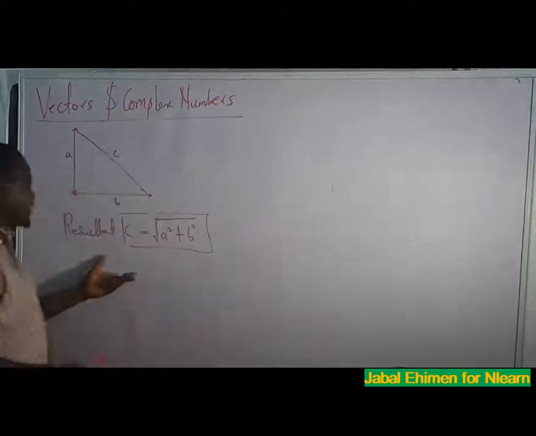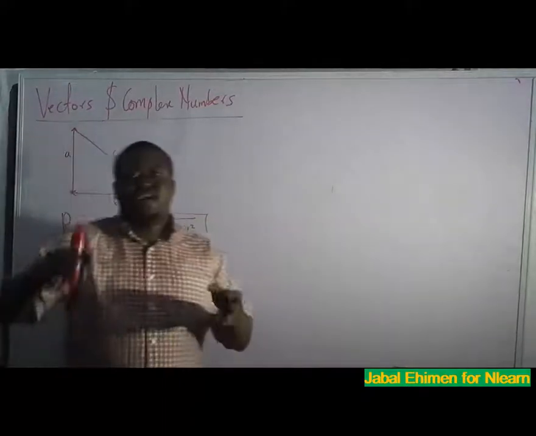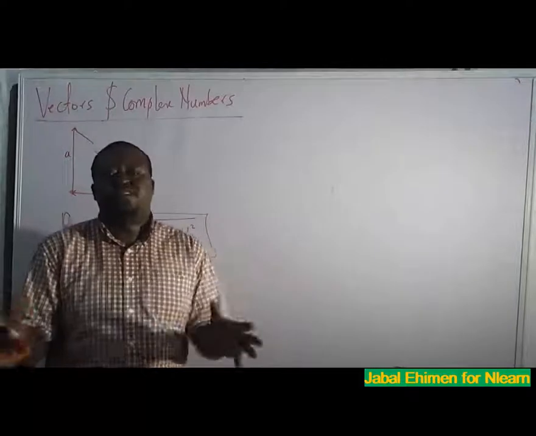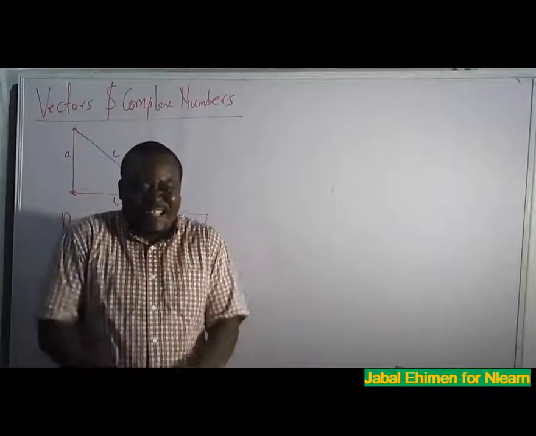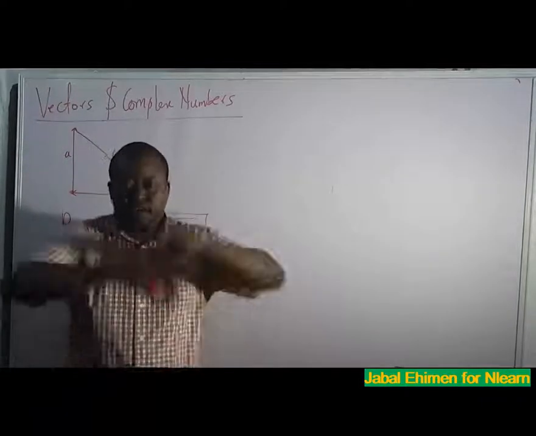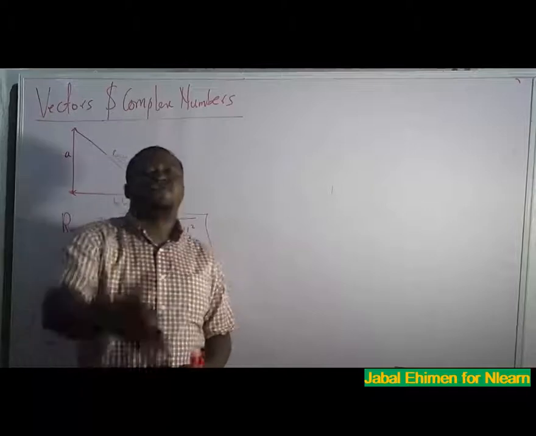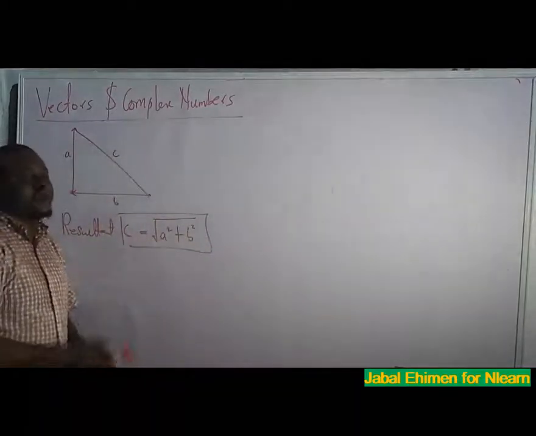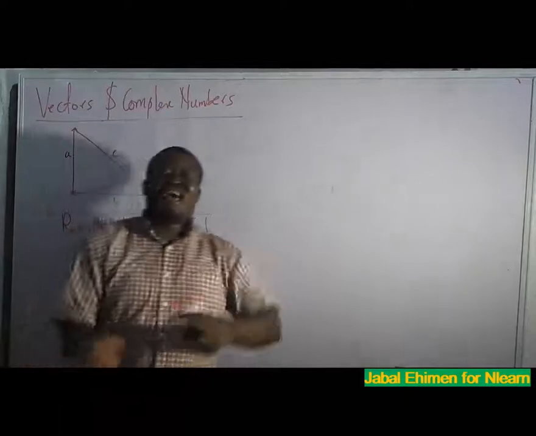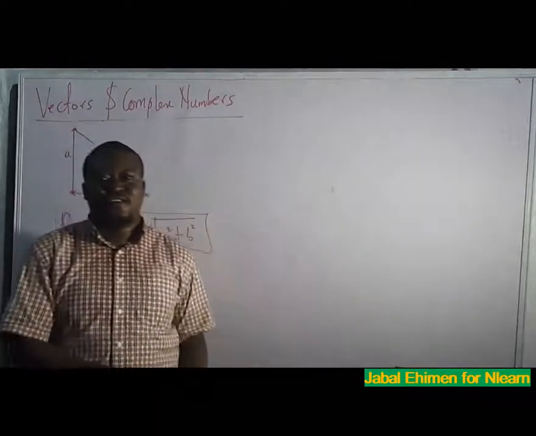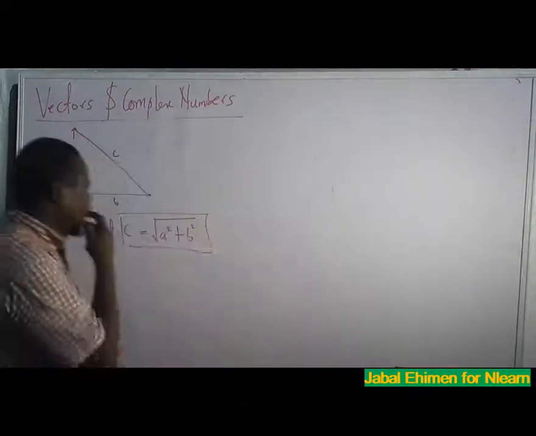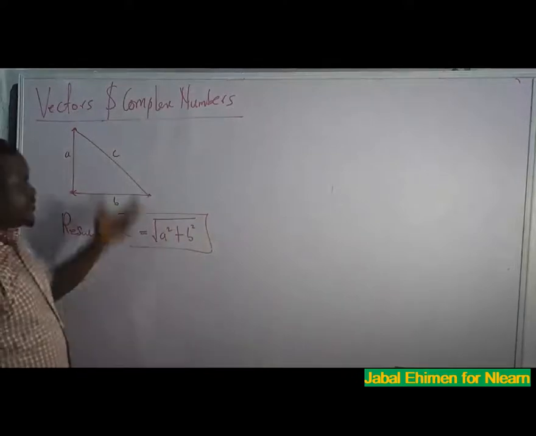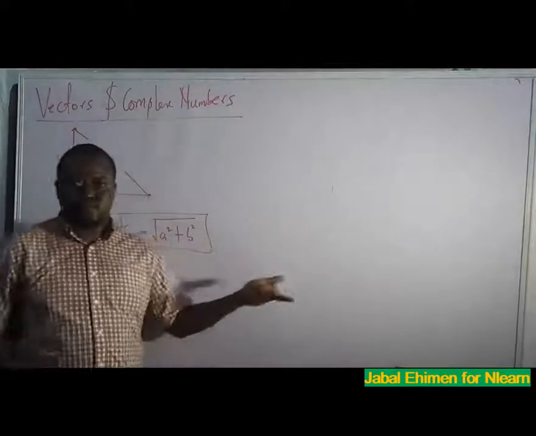So equilibrant keeps other bodies in equilibrium. It's that last thing that comes in, that fits in for equilibrium to be achieved. But resultant is just the sum total. But sometimes equilibrants can act as resultant. So that's the difference. Now, from here, you have C is the square root of A squared plus B squared.